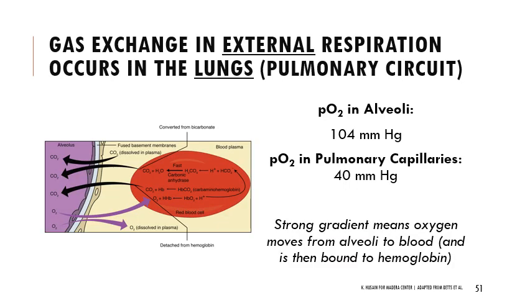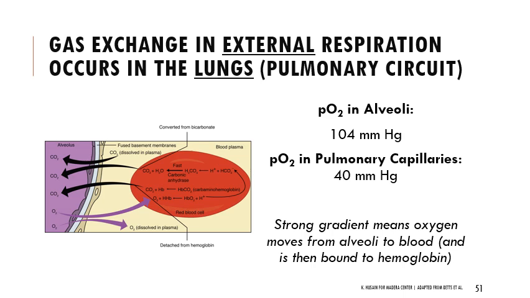So we have two processes happening here, external respiration and internal respiration. External respiration occurs in the pulmonary circuit in the lungs, with oxygen moving from the alveoli to those pulmonary capillaries. Again, there's a very strong concentration gradient here, or partial pressure gradient, I should say. The partial pressure of oxygen in the alveoli is about 104 millimeters of mercury.